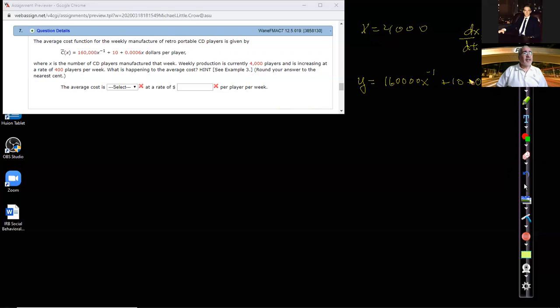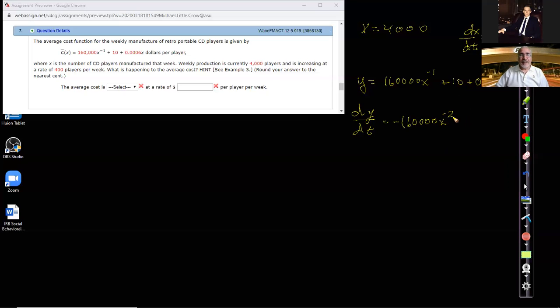So we want to find the derivative of both of these. We're going to take the derivative of y, which is dy dt. We take the derivative of x, and every time we do that, we get a dx dt, remember? So this derivative is going to give us negative 160,000 x to the minus 2. Derivative of 10 is 0. And the derivative of this last part, oops, sorry, I forgot I hadn't really finished this.